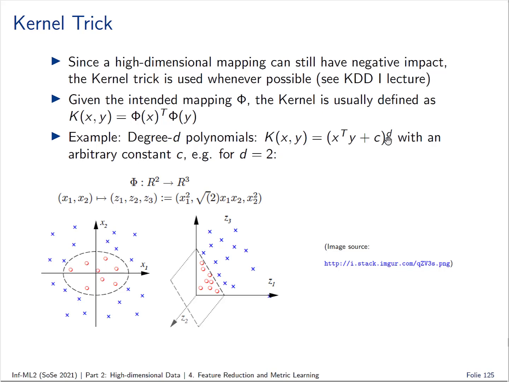plus c to the power of d. So you see that we don't need to explicitly transform x into the new feature space and y into the new feature space. We can simply work with the original representations x and y. We can compute the similarity between x and y in this new feature space, phi of x and phi of y, without explicitly applying this transformation.